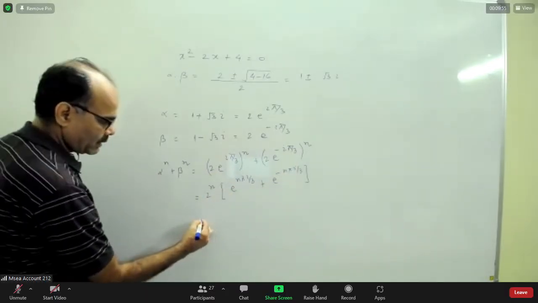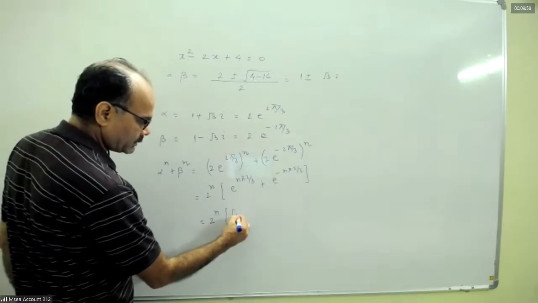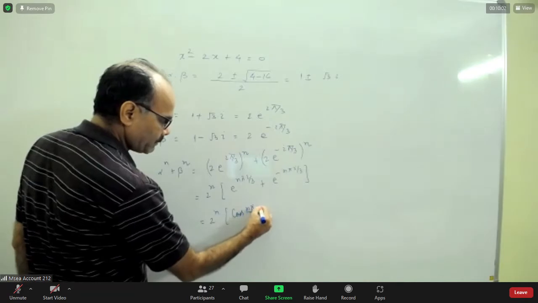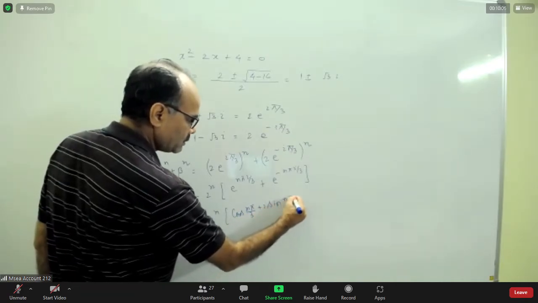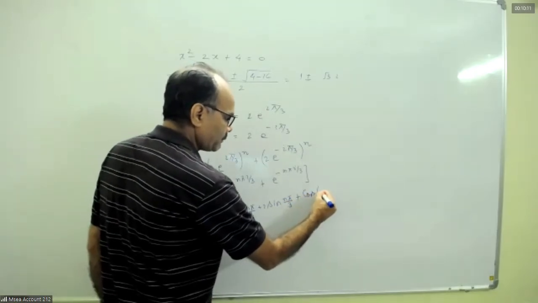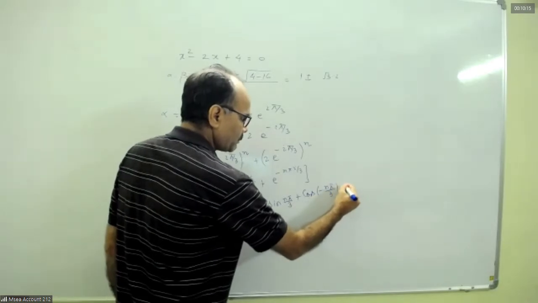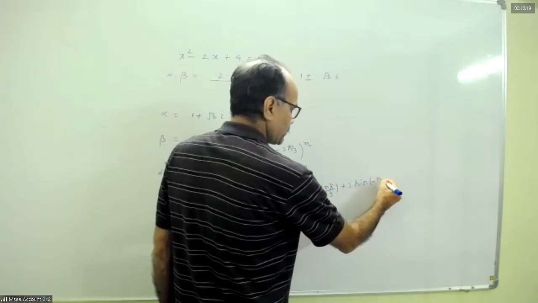So applying Euler's formula, this will be cos n pi by 3 plus i sin n pi by 3 plus cos minus n pi by 3 plus i sin minus n pi by 3.